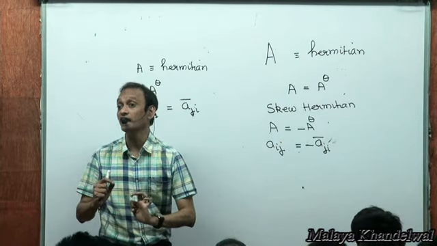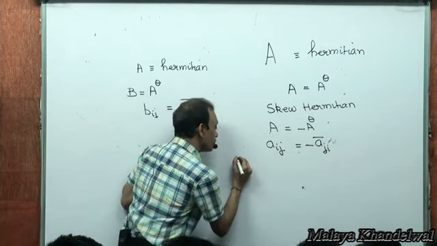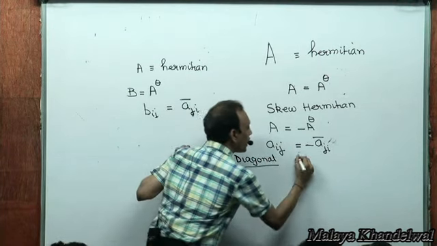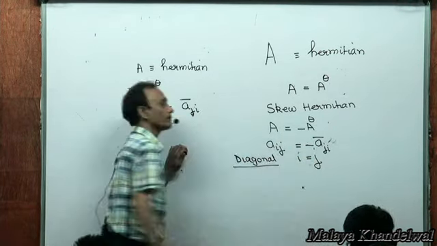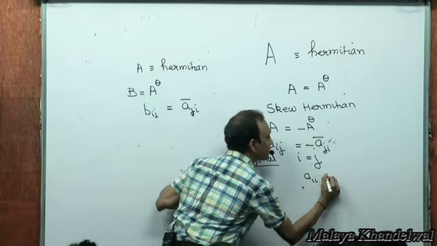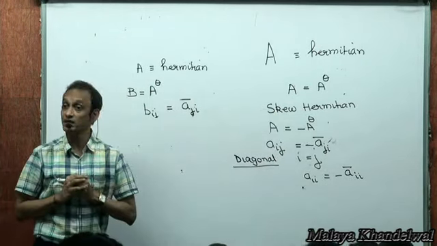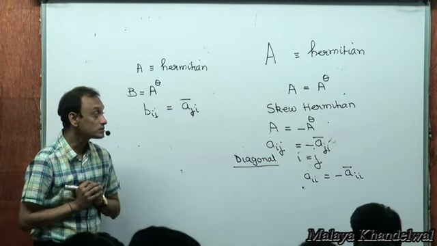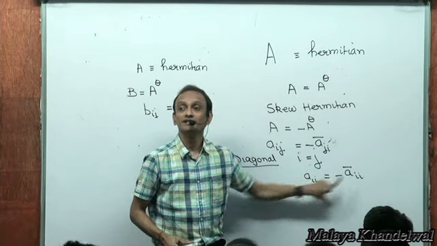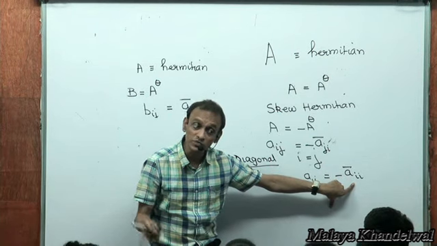Now, for diagonal elements, I equal to J. This is for a skew Hermitian now. That means AII is minus A bar II. That means the diagonal elements are negative of their conjugates. That means the diagonal elements must be purely imaginary.